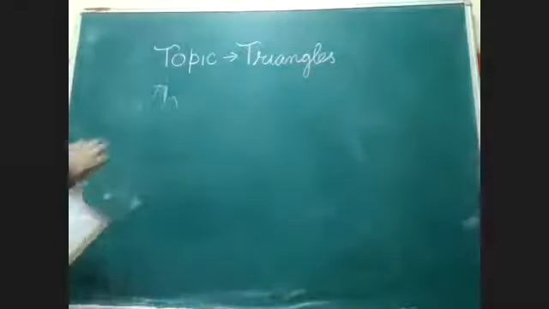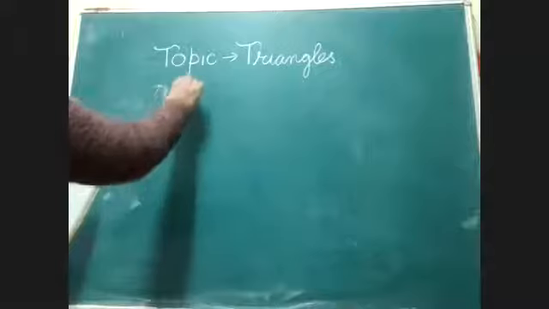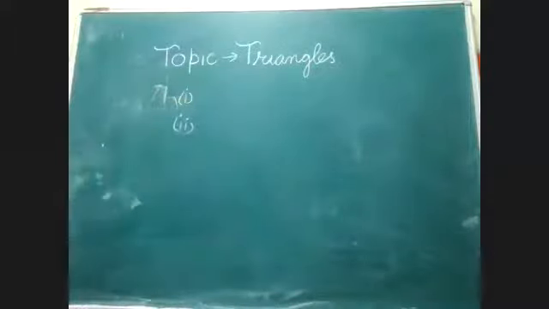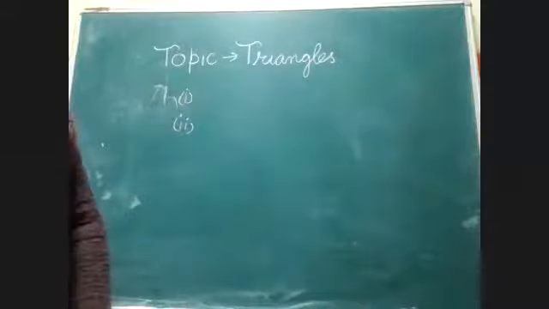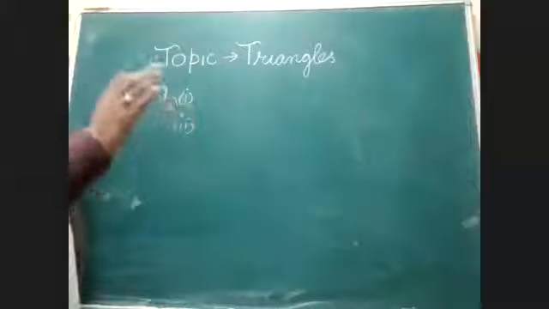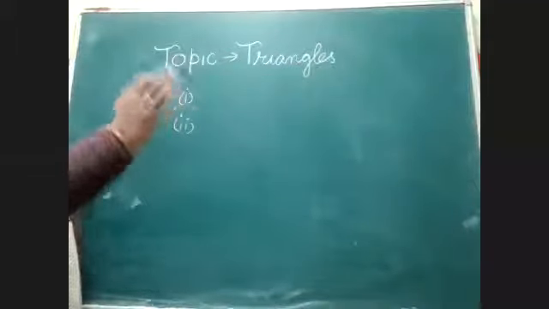First is collinear points, and second is non-collinear points. What are collinear points and non-collinear points? The points which lie on the same straight line.